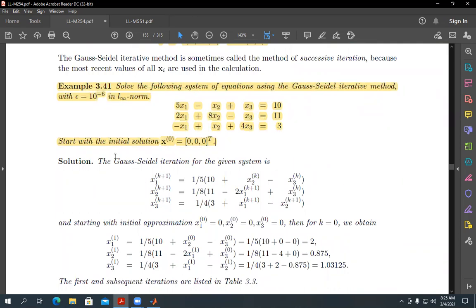First you have to find the Seidel formula, and the Seidel formula is this. This is your Seidel formula. The only change is that the Seidel formula and the Jacobi formula for the first variable are exactly the same. The change only comes in x2, x3, x4, x5, whatever the size of the system.